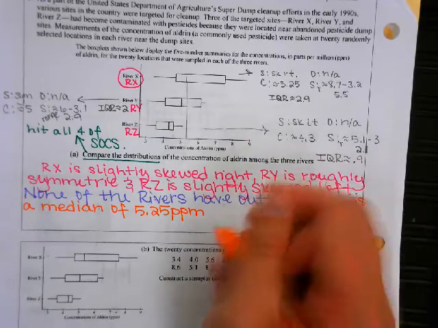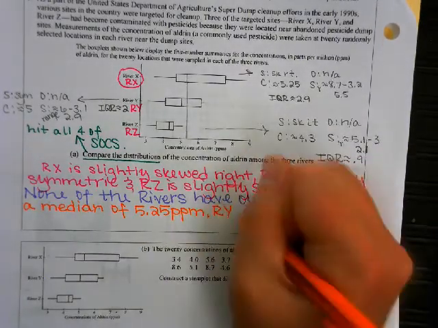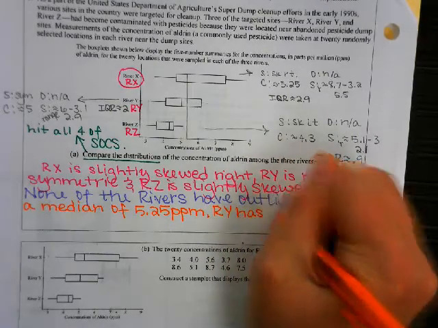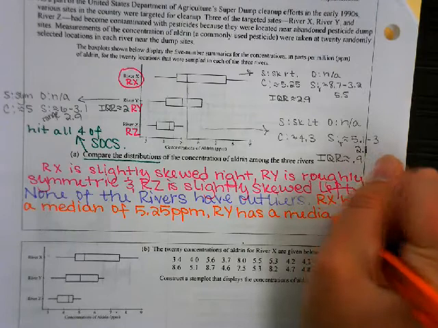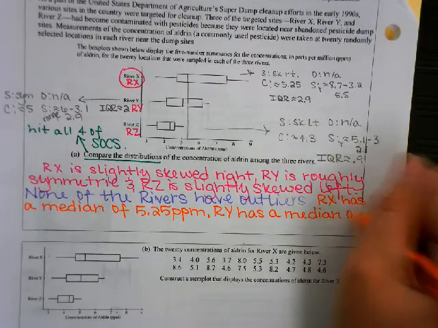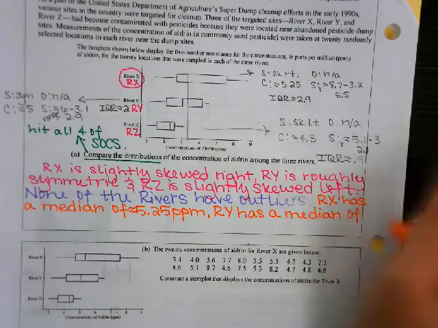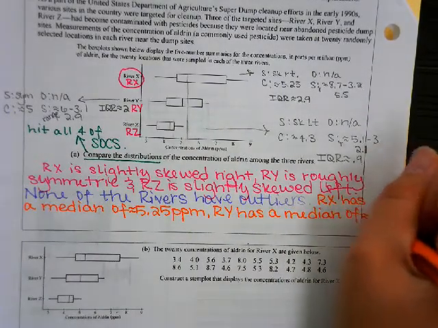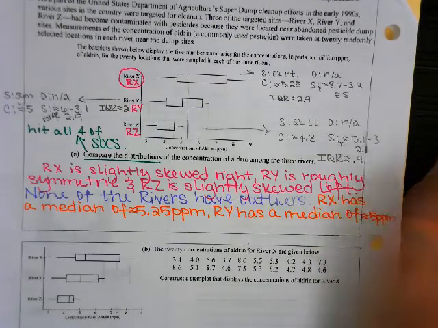River Y has a median of about 5. I should have said about here because we are estimating, sorry. I'm going to use my squiggly equal sign. About 5 ppm.